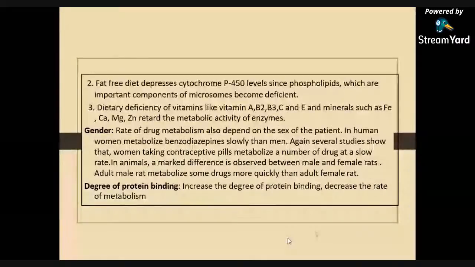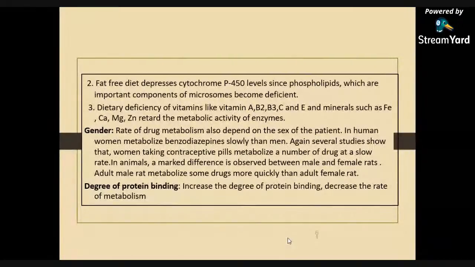Again, several studies show that women taking contraceptive pills metabolize a number of drugs at a slow rate. In animals, a marked difference is observed between male and female rats. Adult male rats metabolize some drugs more quickly than adult female rats. So this is all about gender.